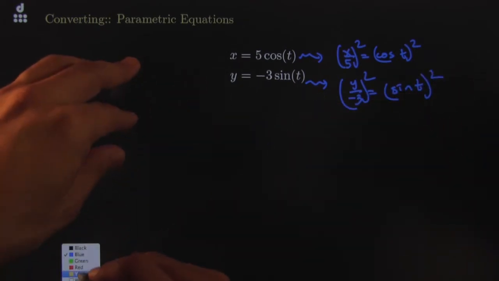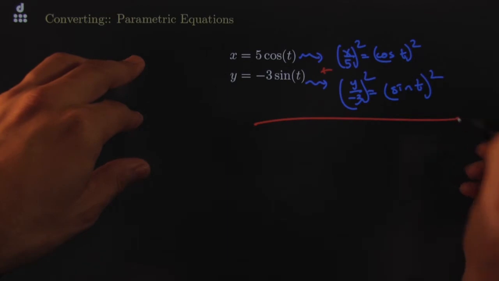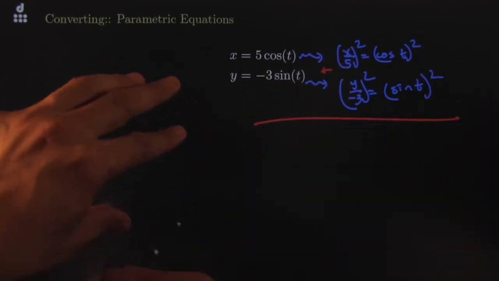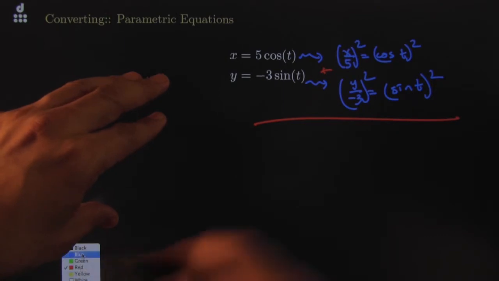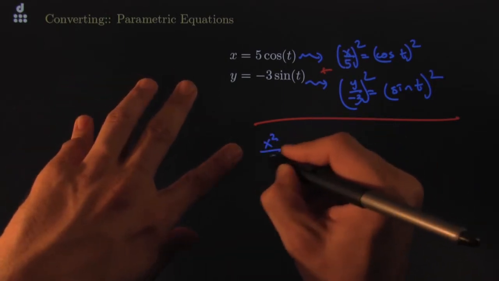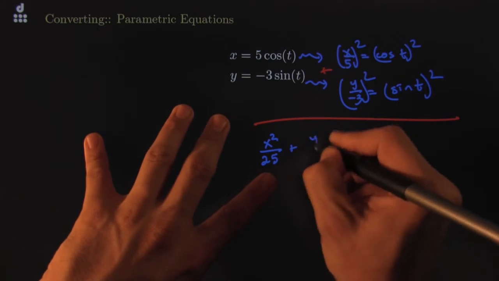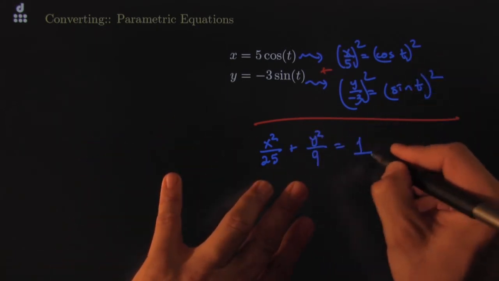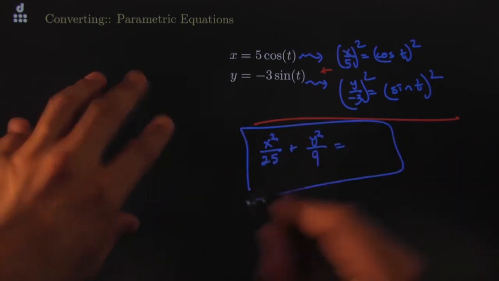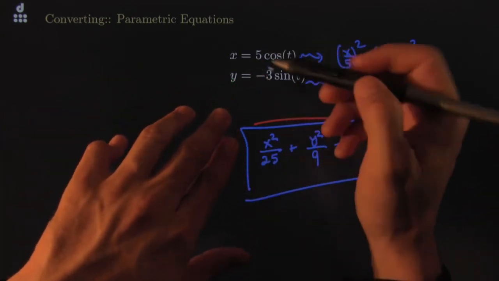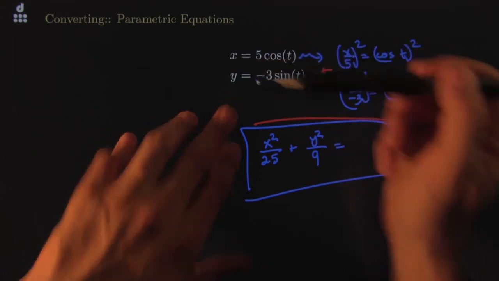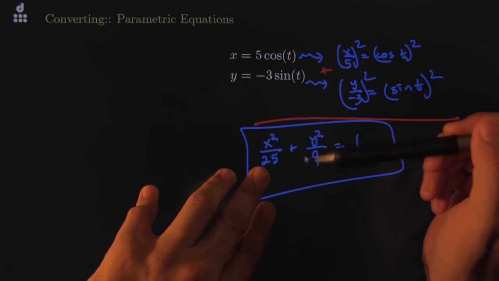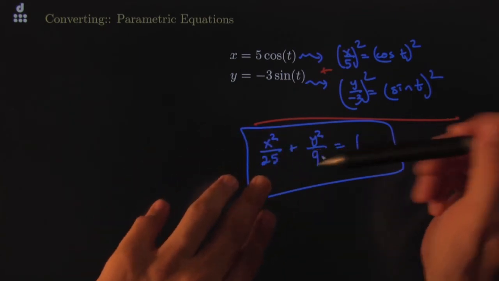And then I go on and I add these together, and on the left hand side I would get x squared over 25 plus y squared over 9, and on the right hand side I would get, of course, just a 1. And so we have converted the famous parametric equations for ellipses. We see that it's equal to the standard or the well-known form for ellipses.